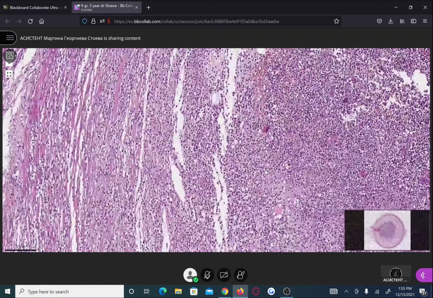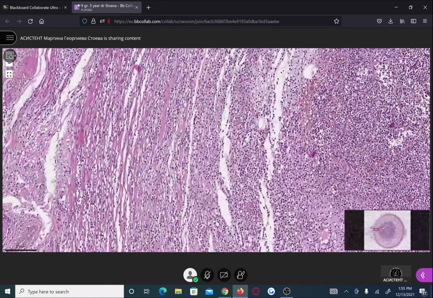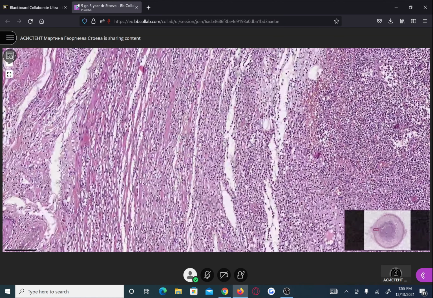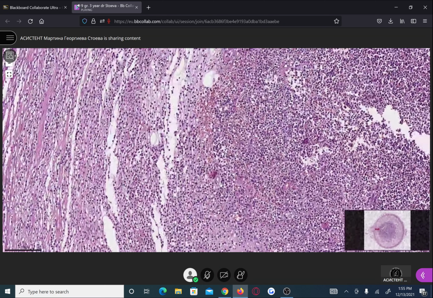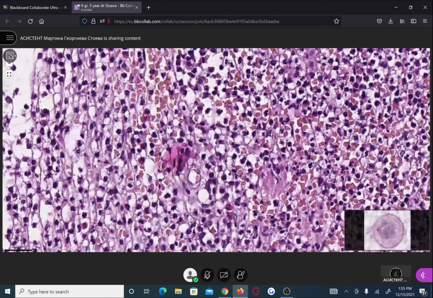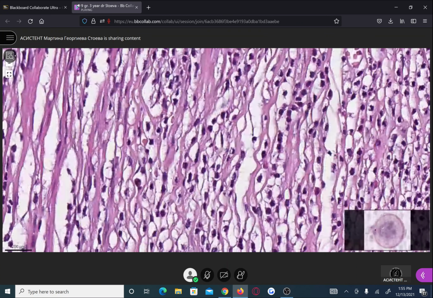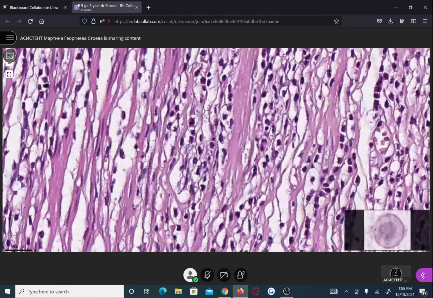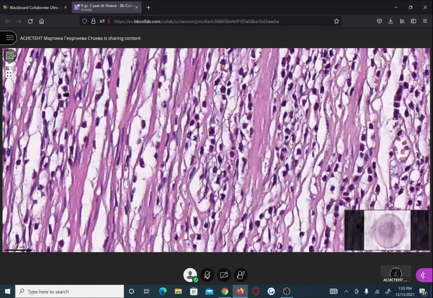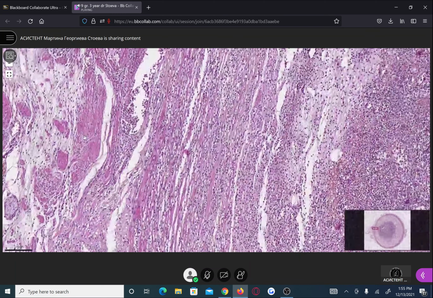Before we see these bundles of smooth muscle cells, this must be the submucosa, where we can find the same cells, inflammatory cells, neutrophils, which then move also in between the smooth muscle cells. And finally, they are also found in the subserosa.